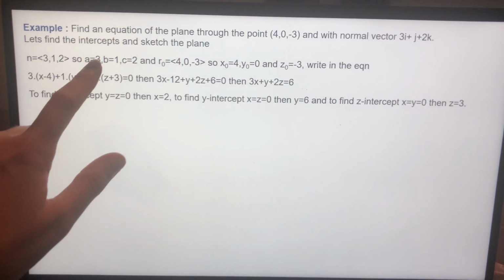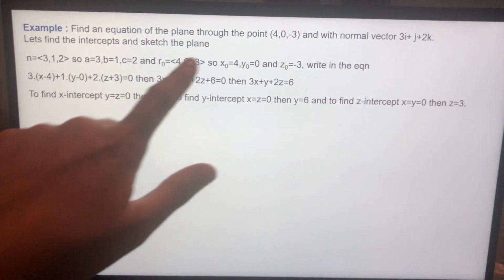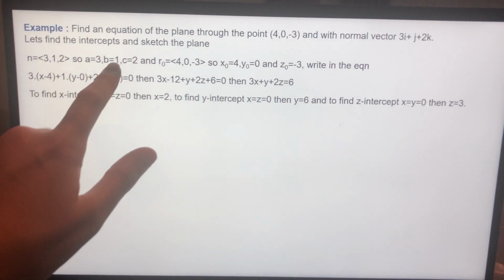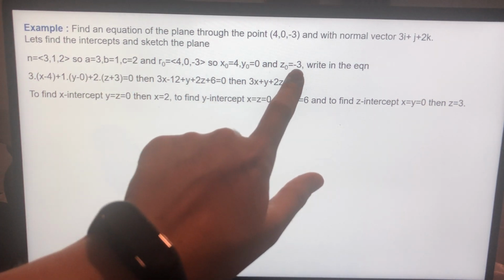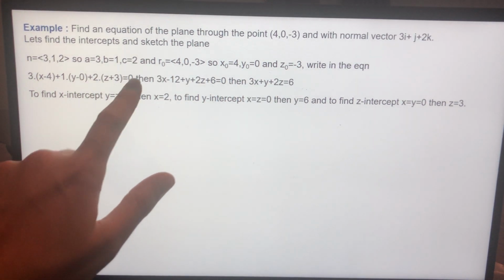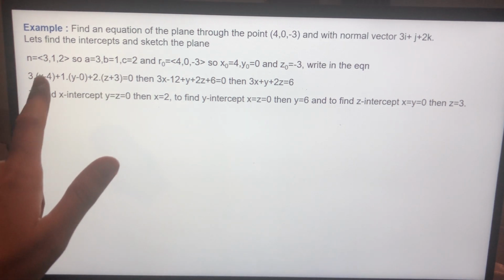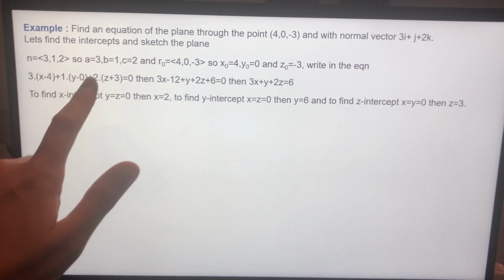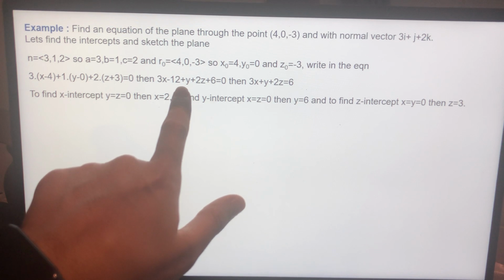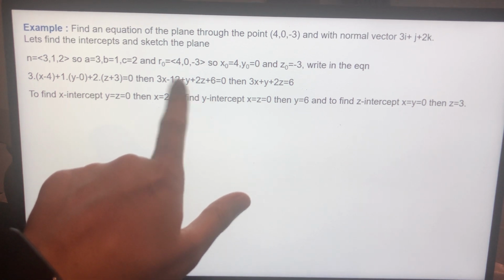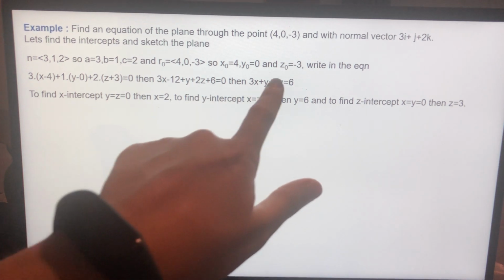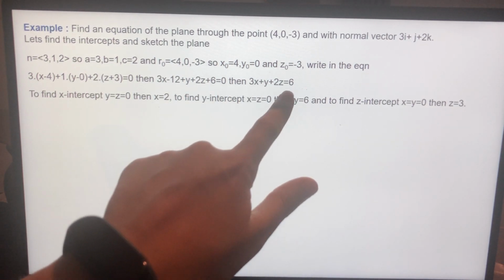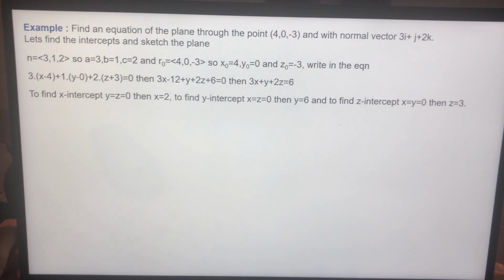That's why I can write that 3 times x minus 4, 1 times y minus 0, 2 times z minus minus 3, which is going to be plus 3, equals 0. And from there, just distribute the constants. You will have 3x minus 12, plus y, plus 2z plus 6, equals 0. Then 3x plus y plus 2z equals 6. This is your linear equation of the plane.